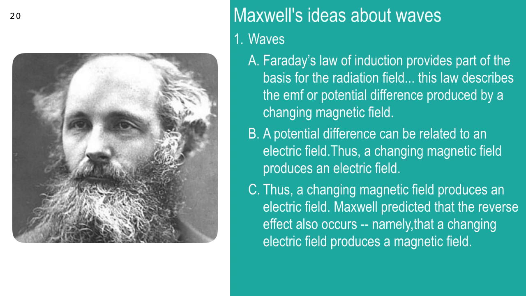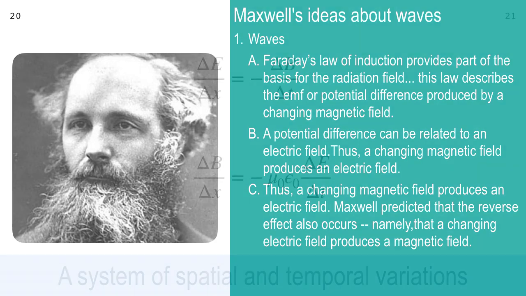Now, a couple things about this. Look at these notes. A changing magnetic field, that's delta B over delta T. Also, a changing electric field, that's delta E over delta T. And what happens is there's a gradient in the electric field or a gradient in the magnetic field. So that's delta B over delta X. It changes with position.